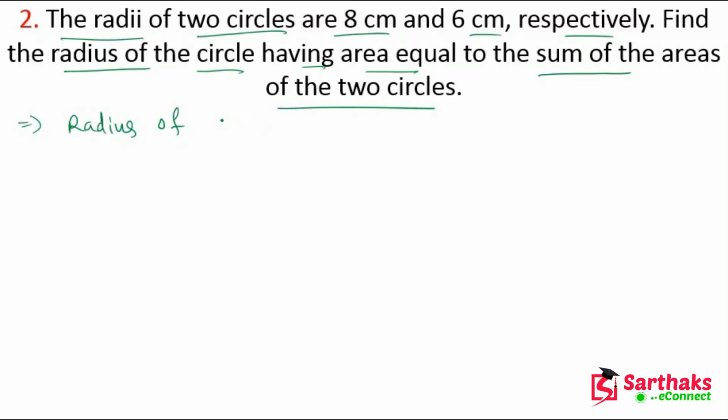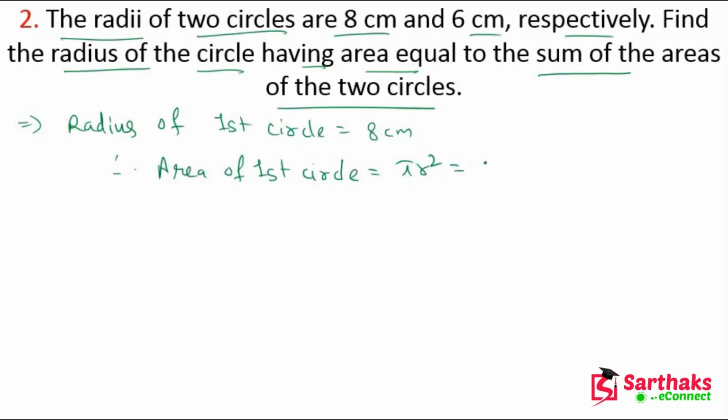Okay, so same in this case. The radius of the first circle is what? 8 centimeter. So the area of the first circle is what? Pi r square, which is equal to pi 8 square. So this will give 64 pi.